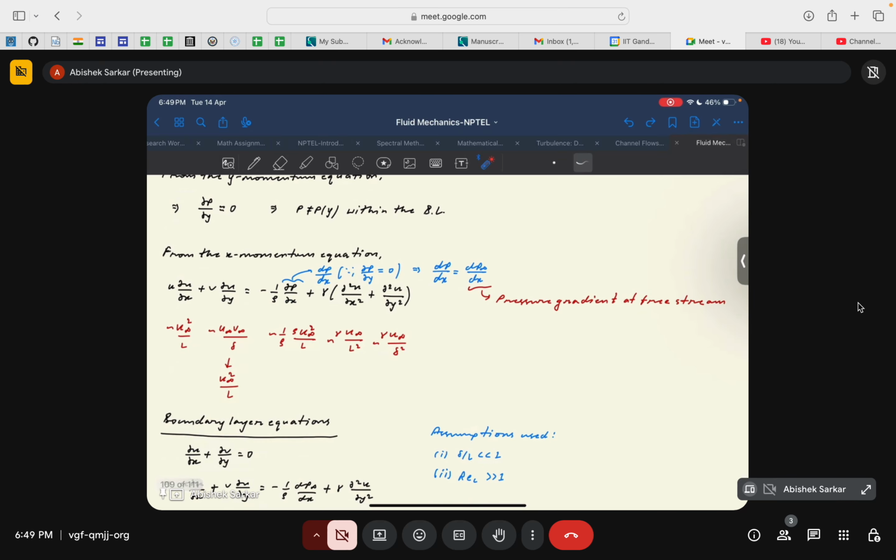We will have 1 by rho u infinity squared by L, so again it is scaling as u infinity squared by L. Very good. So all these terms now have the same scaling.